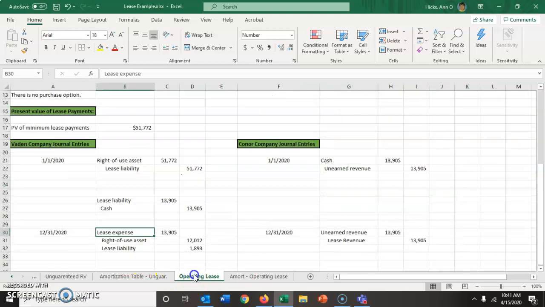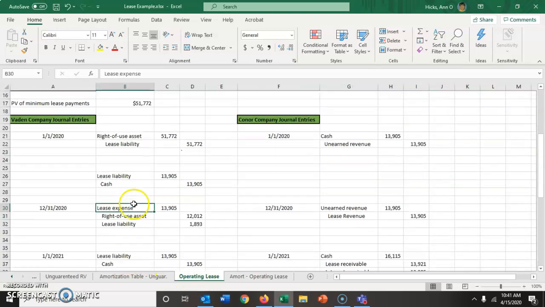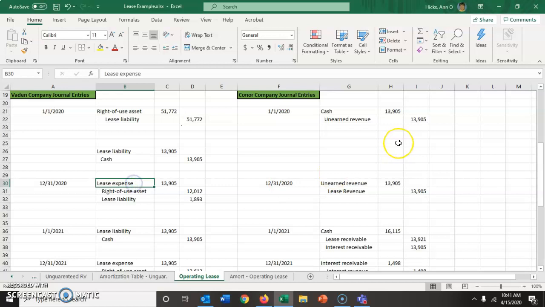And so if you go back to the journal entry at 12/31, you'll notice the lease expense is one line item. We didn't divide it out between interest expense and amortization. It's one line item equal to effectively the interest payment or the lease payment. Then our credit will be a credit to the lease liability for the interest portion and a credit to the right of use asset for the amount of amortization.